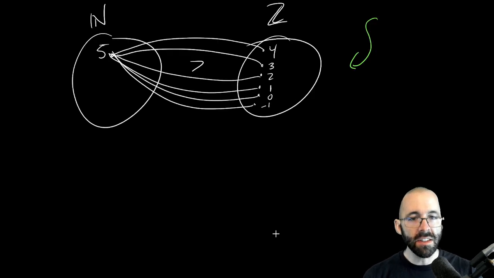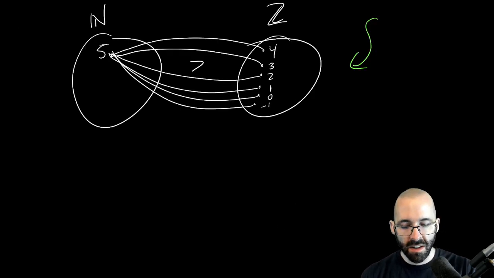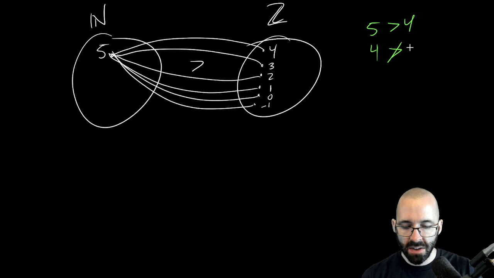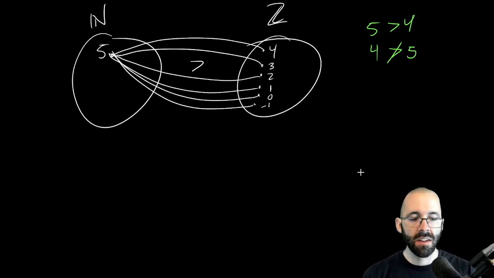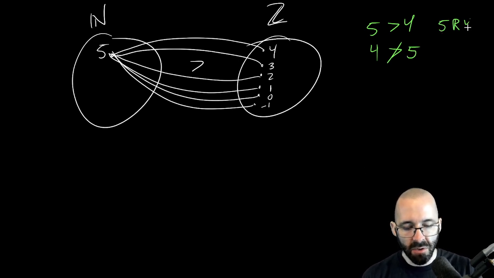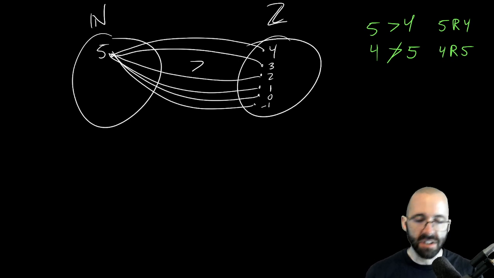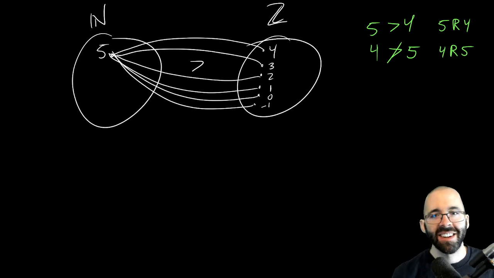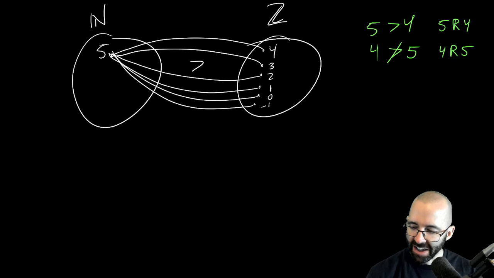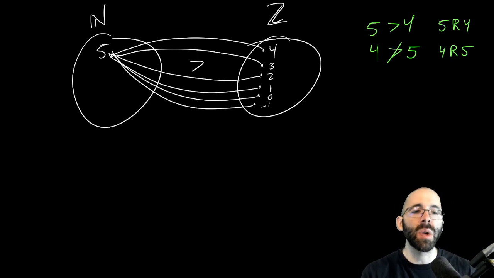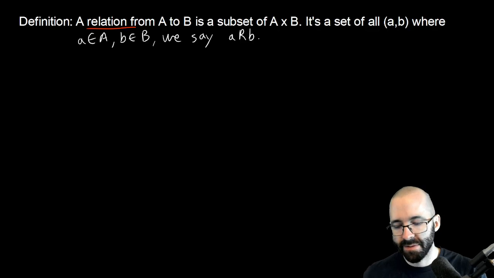Because if we look over at this relation, 5 is greater than 4, but 4 is certainly not greater than 5. So we'll say 5 is related to 4, but 4 is not related to 5, with our relation being the greater than sign. So these are all just a little preview of things to come, which is pretty fun. And we're going to get into some more abstract stuff in the future sections, but just an introduction, a connection to what you've seen before in a math class.